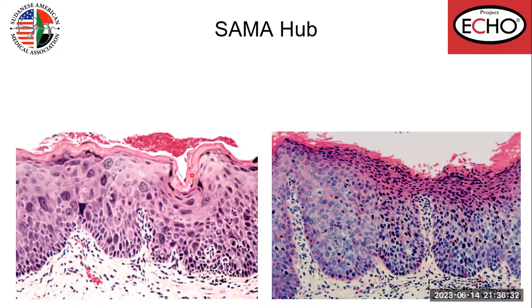So there is not much keratin. We don't see a lot of keratin at the top. And here you see some hyperactivity of the epithelium. So there is hyperplasia, but you also see some keratin at the top, but you can see the differences between the cells. It's very, very obvious.